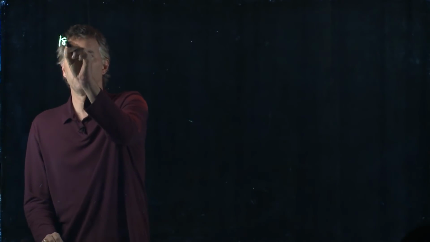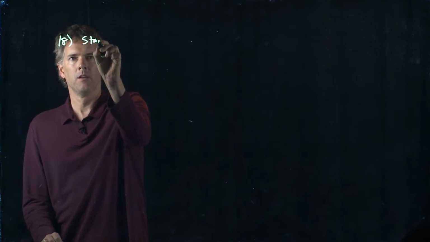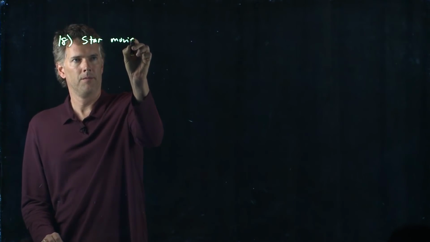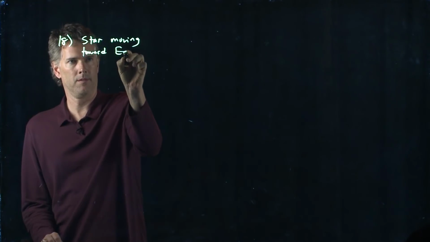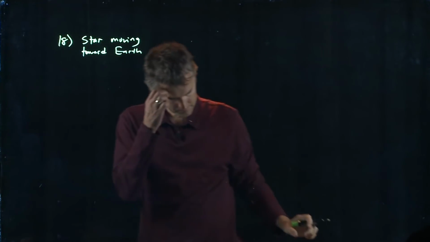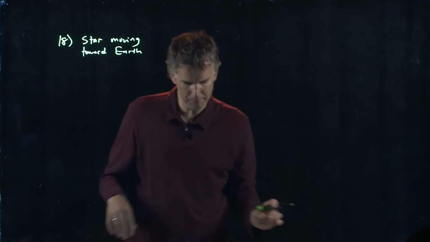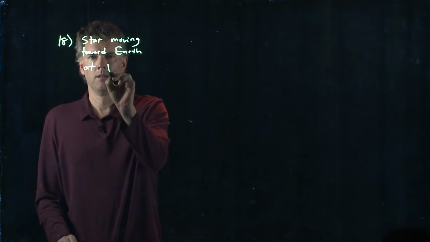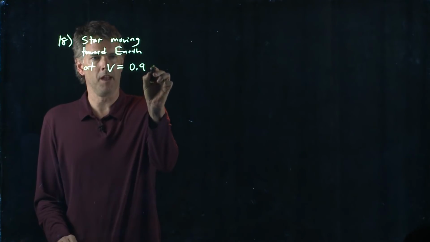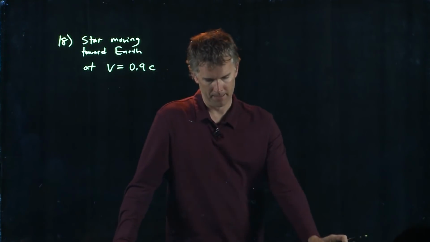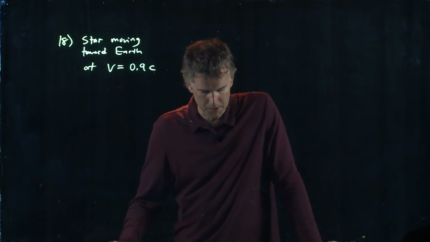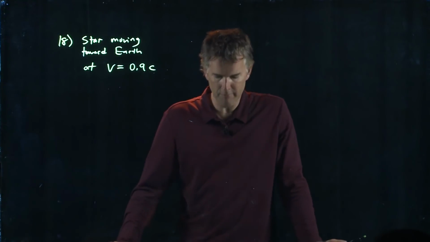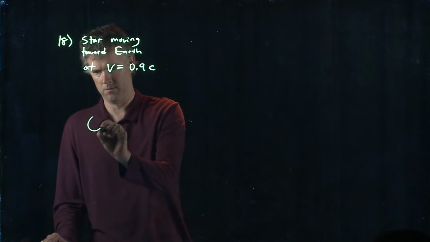So a star is moving toward Earth, and it's moving at a speed of 90% the speed of light. The star emits light, which moves away from the star at the speed of light. What do Earth-based astronomers measure for the speed of this light?